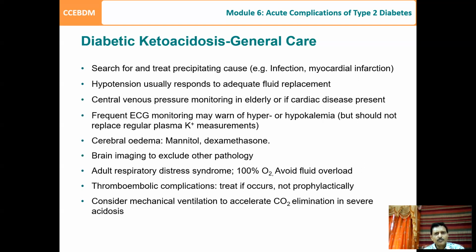Frequent ECG monitoring is required for hyperkalemia or hypokalemia. Cerebral edema, as I've told you, is to be treated with mannitol or dexamethasone. Brain imaging to exclude other pathologies, especially stroke in elderly subjects. Adult respiratory distress syndrome can occur very rarely, and thromboembolic complications. Mechanical ventilation is required very, very rarely. I have never used mechanical ventilation to correct this severe acidosis.